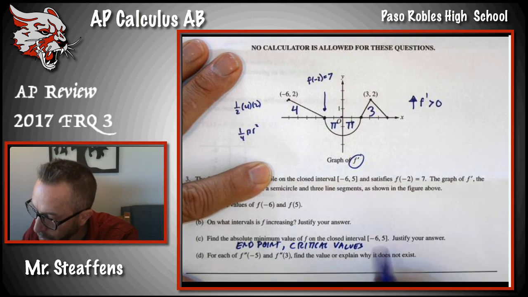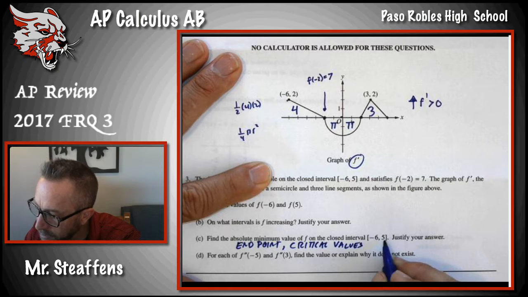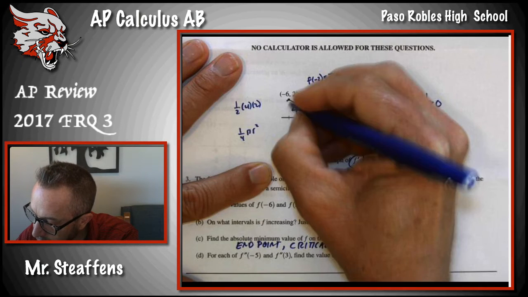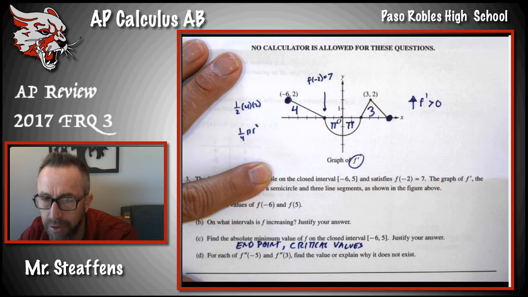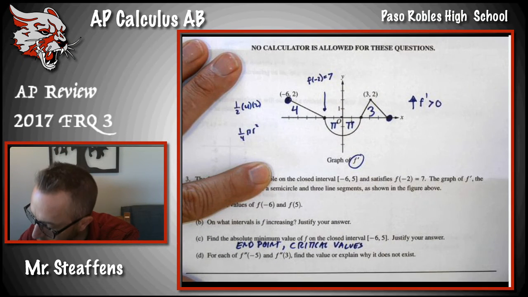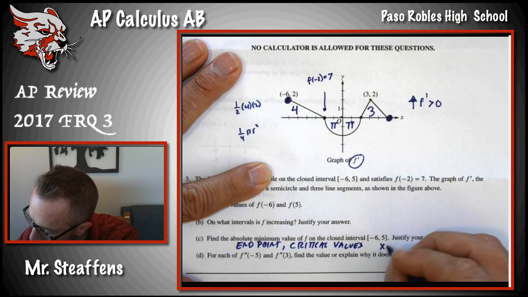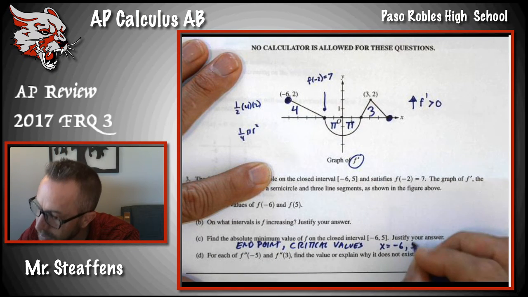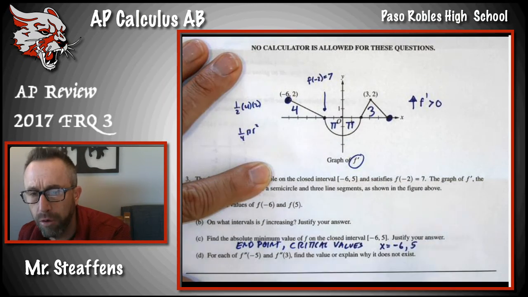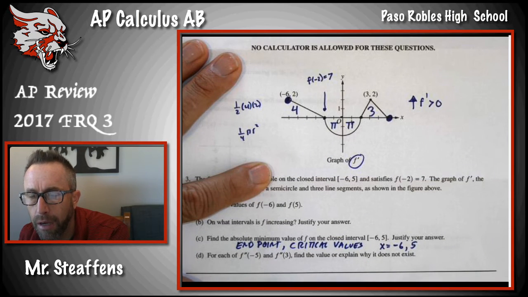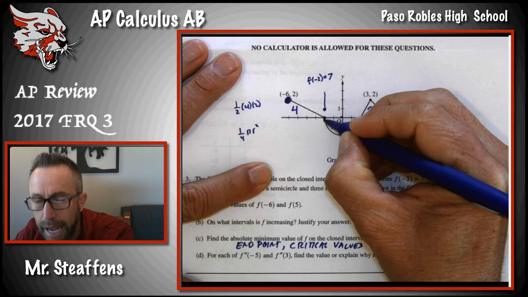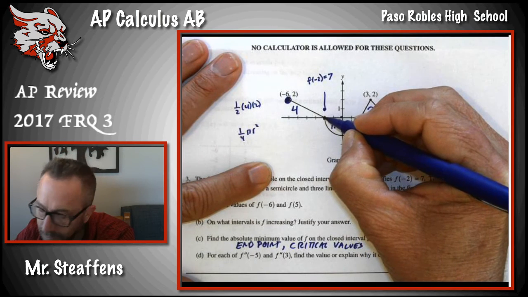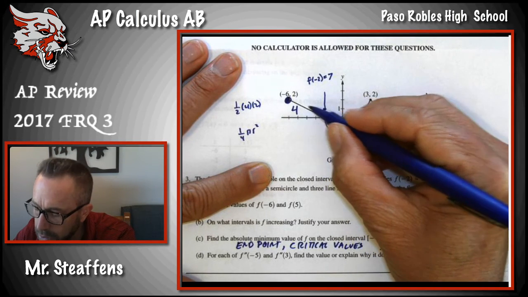So if I'm going all the way from -6 to 5, well, that means here's my first endpoint and here's my second endpoint. So my table is going to have those 2 points in them. So I'm going to have to check x equals -6, x equals 5. Now any critical points, remember, critical points occur when the derivative is 0, and I know it's a maximum or minimum if I go from increasing to decreasing.